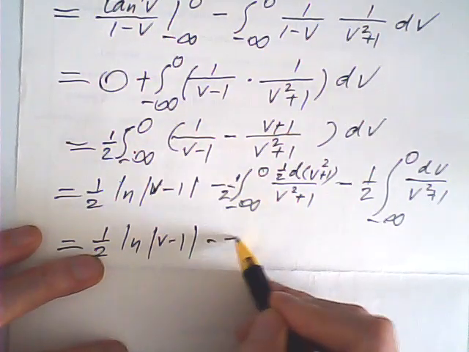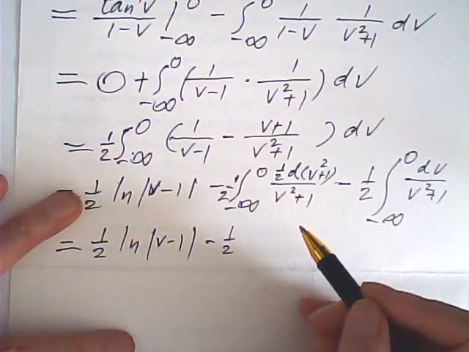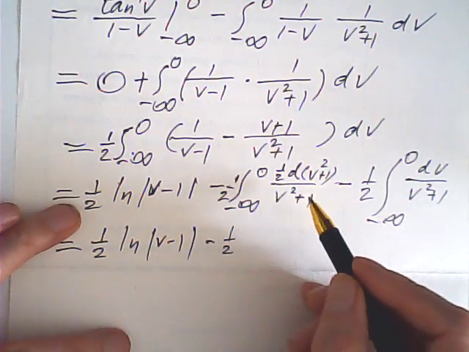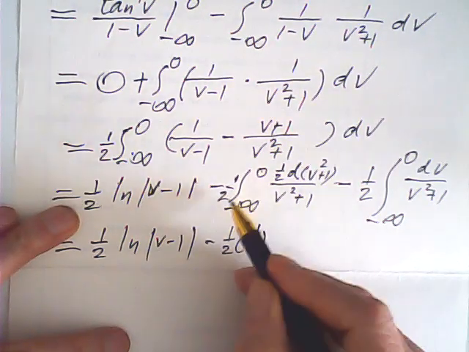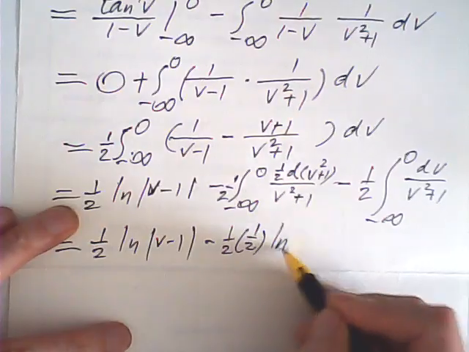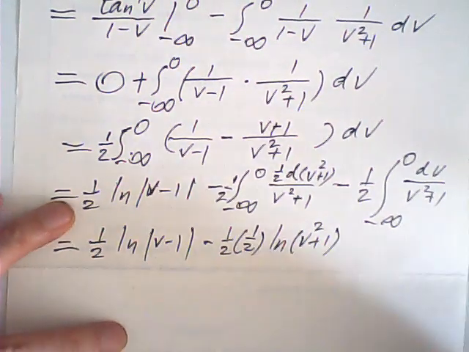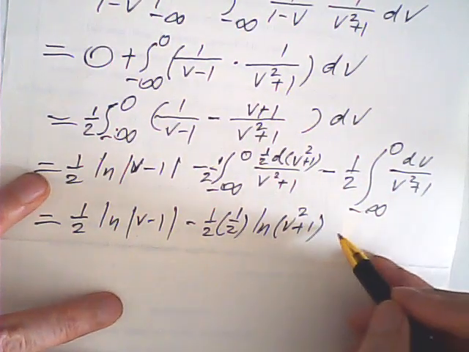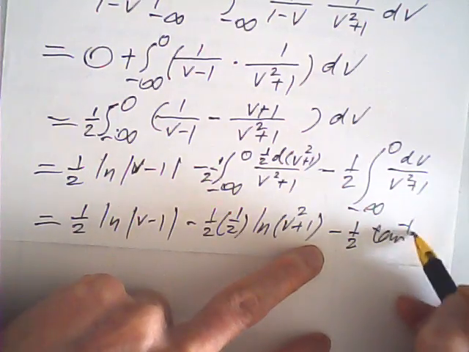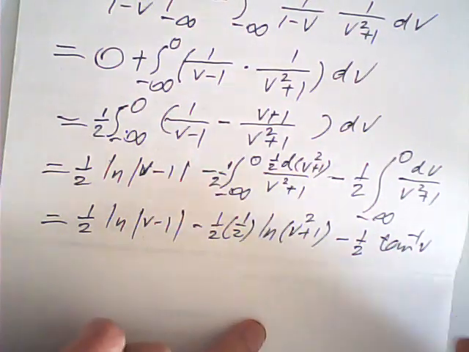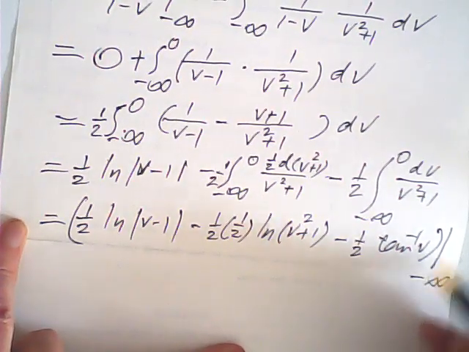This will be minus half, times another half, natural log of v squared plus 1, and minus half arctangent v, all from minus infinity to 0.